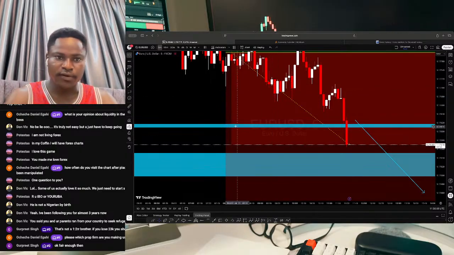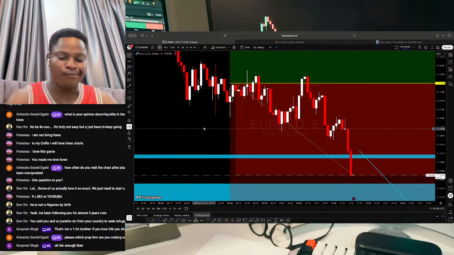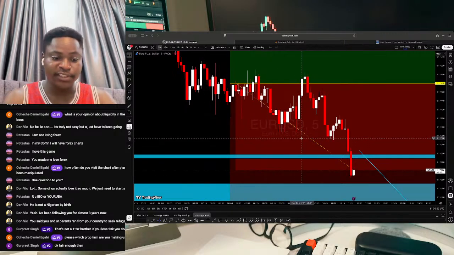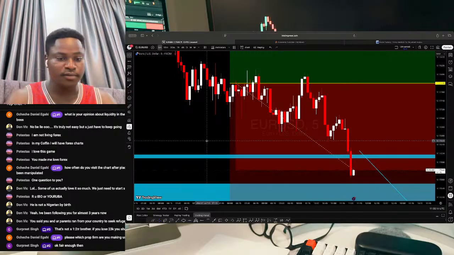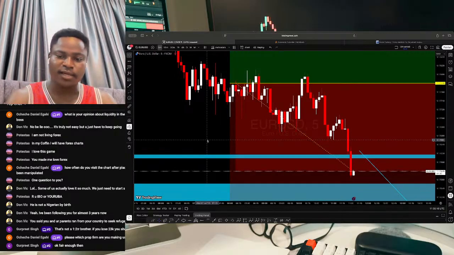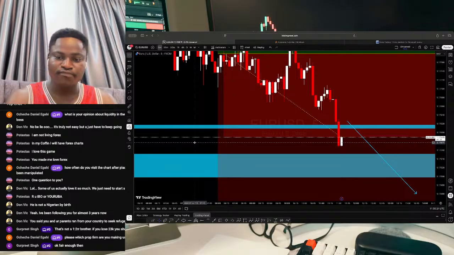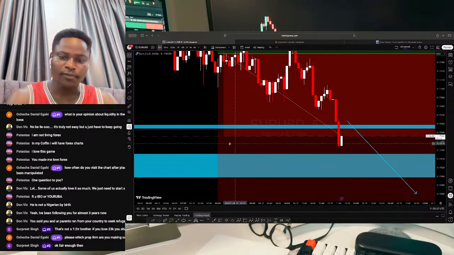Let's see if it's going to break out of this. It's like 1 to 4 on this very account, so 23 multiplied by 4, that's like 90 something thousand dollars. That's why I say almost $100,000. If it eventually gives me that 28 pips, I'm going to close out of the trade.